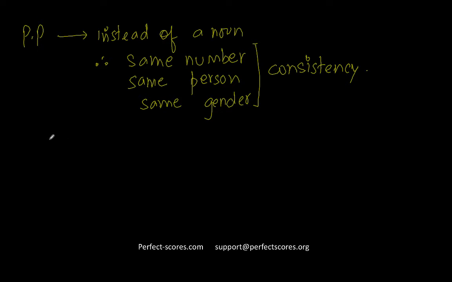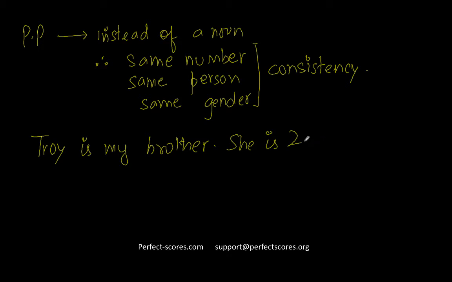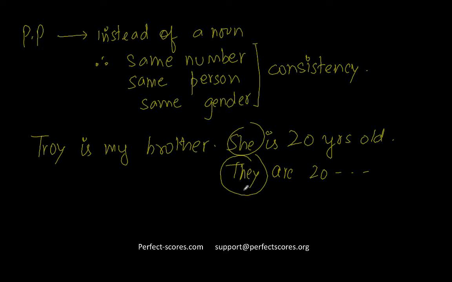For example, can you say that, let's say, Troy is my brother. She is 20 years old. No, it won't make sense because she is feminine gender, but Troy is my brother, so clearly masculine gender. Similarly, you can't say Troy is my brother, they is 20 years old, or they are 20 years old, because I'm only talking about one brother, so you cannot use many.